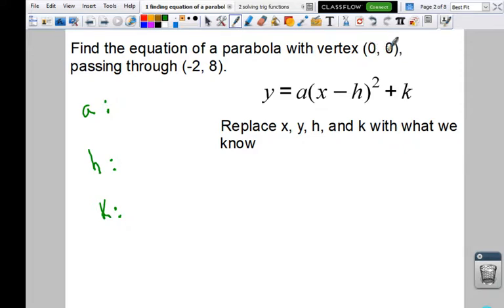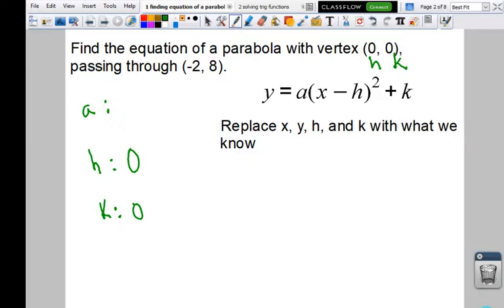Our vertex is (0, 0). h is the x in our vertex. k is the y in the vertex. So we're actually just given those two things. h is 0, k is 0. The annoying one to find is a.